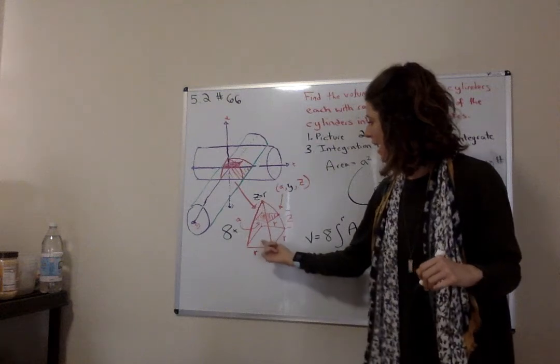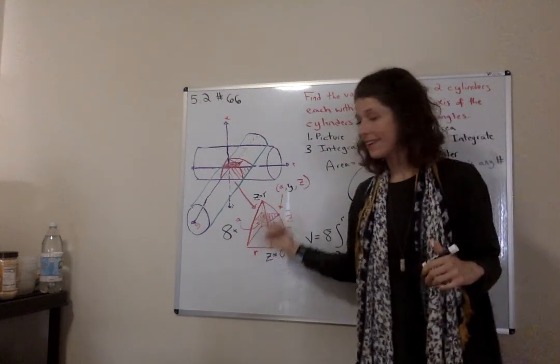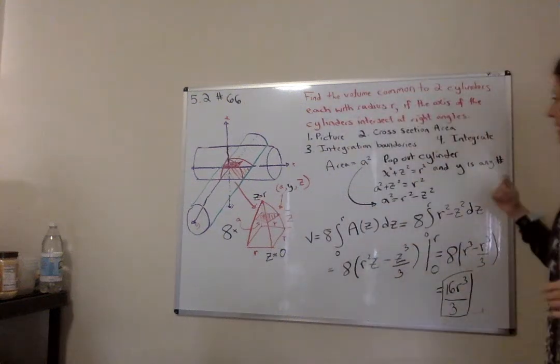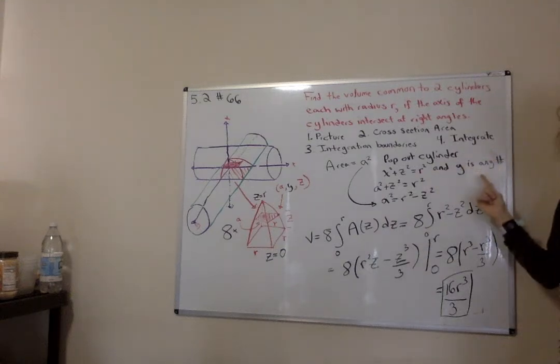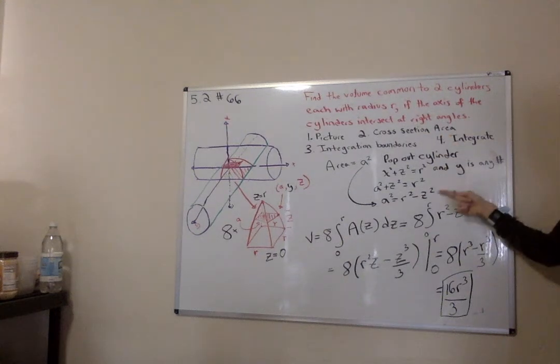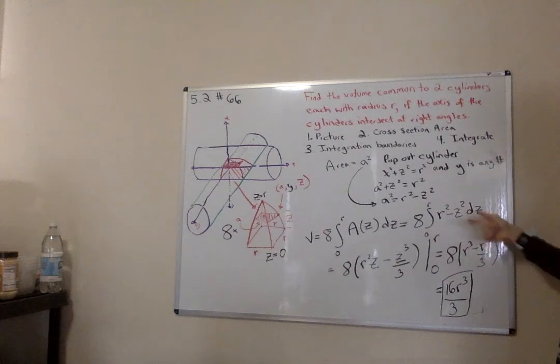I looked at each of these tents and calculated the cross-sectional area of the square using a relationship that's determined by the cylinder. So I wrote down these equations which define the cylinder, and that helped me build a formula for the cross-sectional area. The third thing that I did is I determined my integration boundaries.